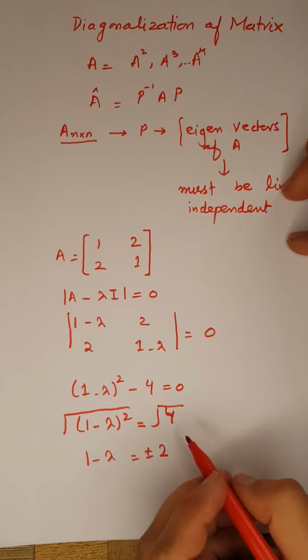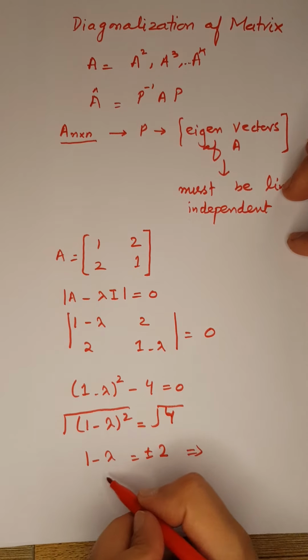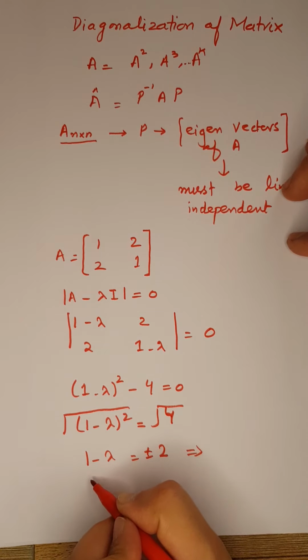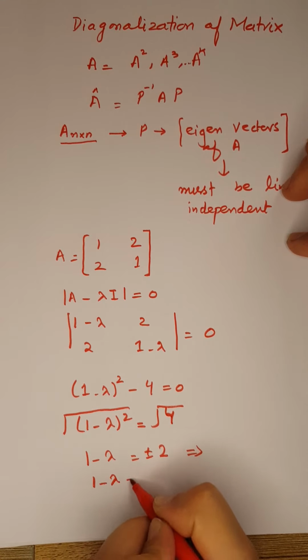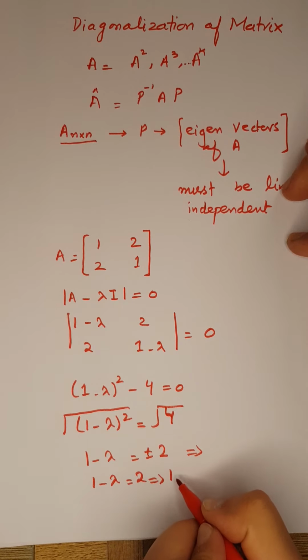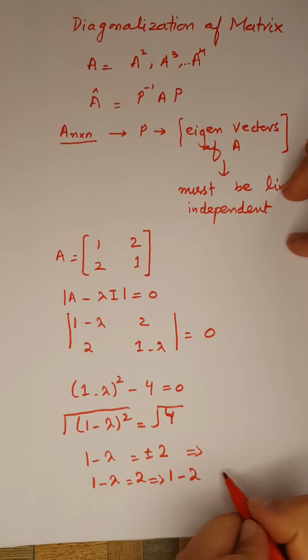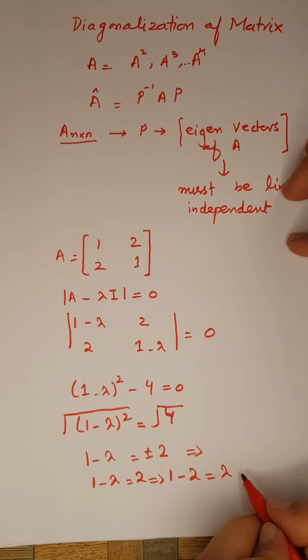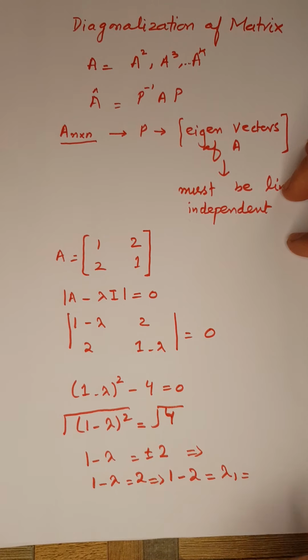From here, let's determine the value of lambda. Taking 1 minus lambda is equal to 2 implies 1 minus 2 is equal to lambda, so lambda 1 came out to be minus 1.